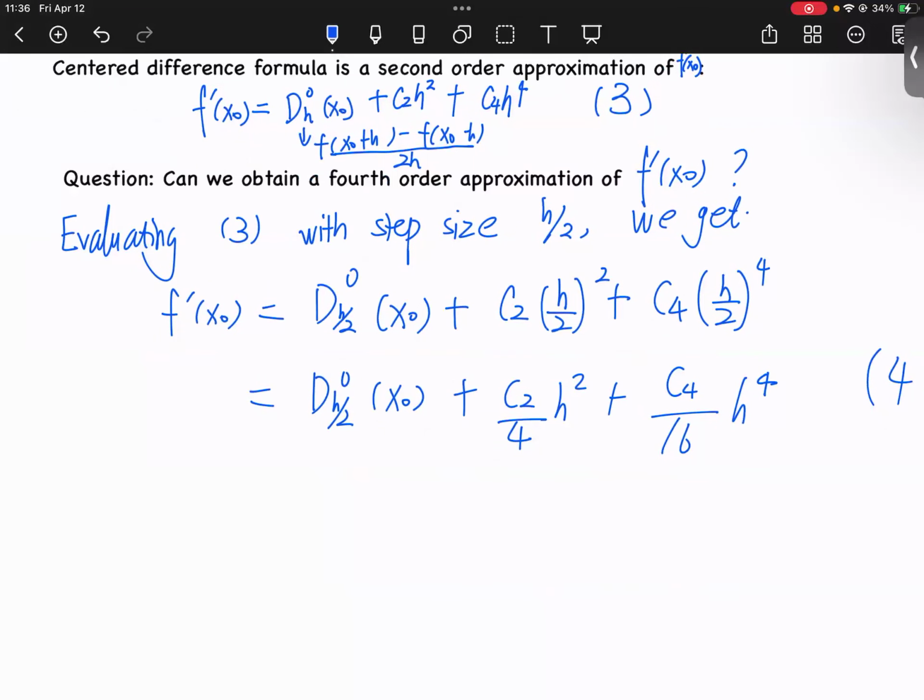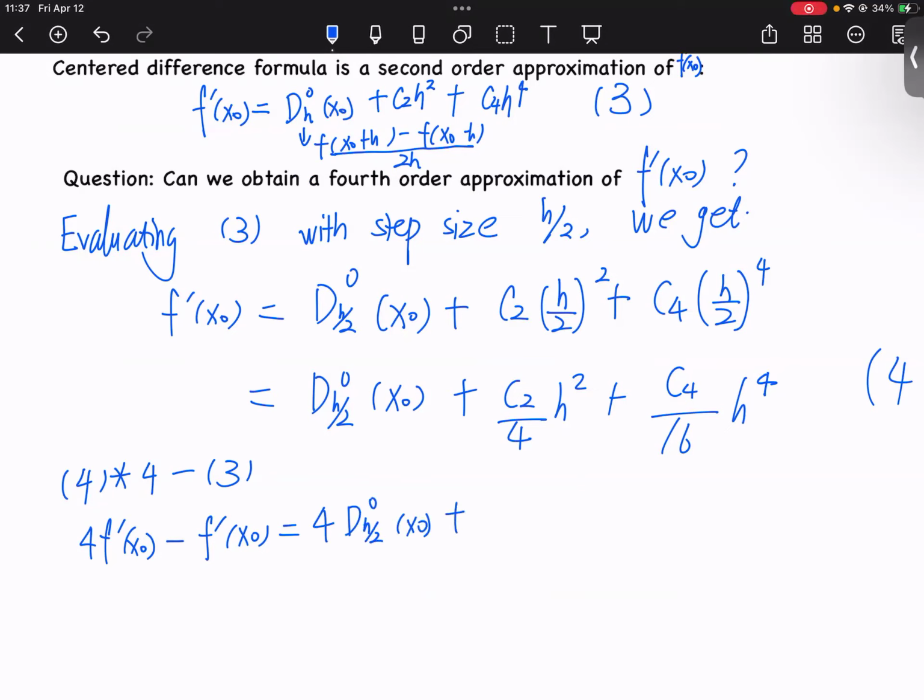Okay, let's go back here. We have the fourth equation, and now we multiply it by 4 and subtract the number 3 equation. There's some magic happening here. On the left-hand side, we get 4 times the first derivative, subtract the number 3 equation. On the right-hand side, I get 4 times the formula with the half step size.